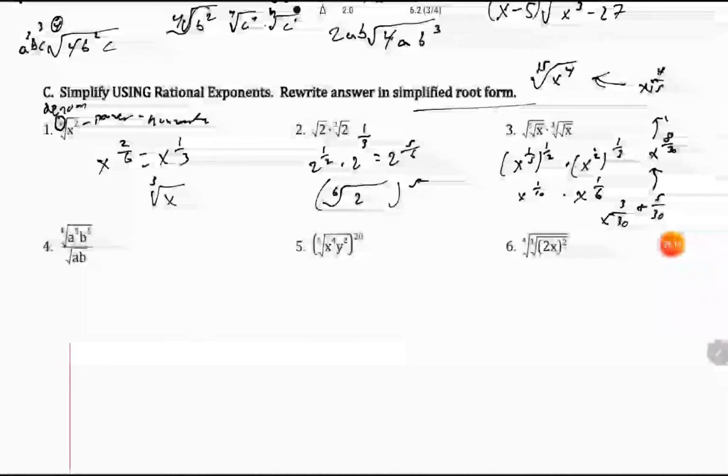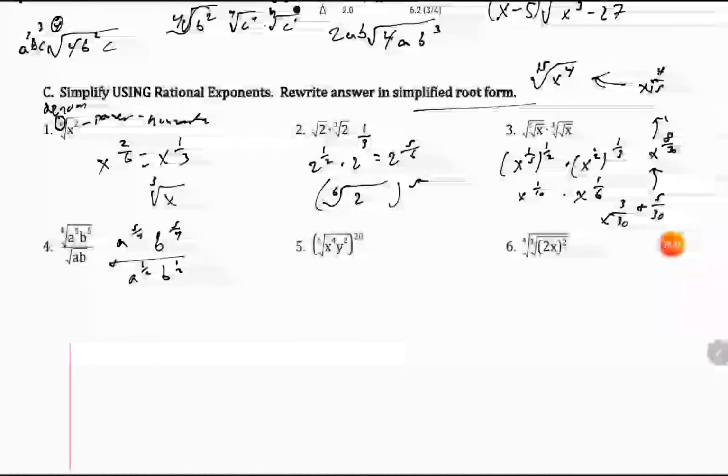Number 4. Man, these are like all the... Okay. This is a to the 5/4, b to the 5/4. That's just 1/4 times 5. And then down here, we have a to the 1/2, b to the 1/2. Okay.